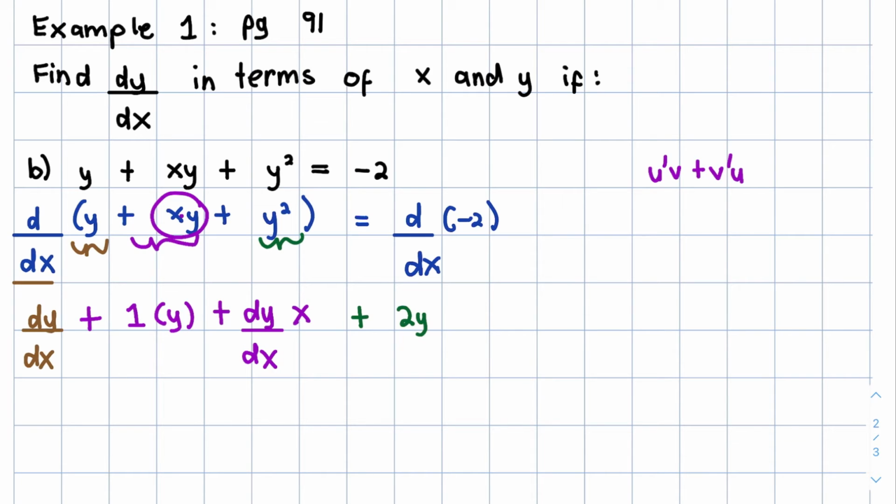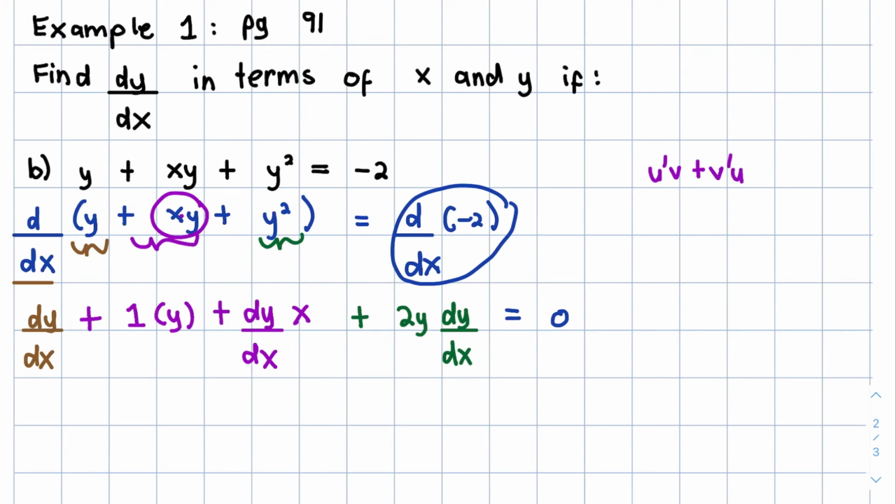Again, because it is with respect to x, when you differentiate y, you have to multiply by dy over dx. The right-hand side will just give you 0, because you differentiate a constant.